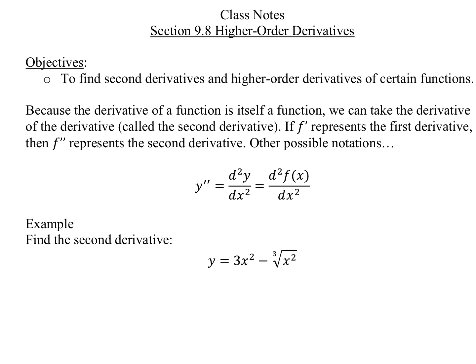Starting out with this, before we can even find the first derivative, we need to rewrite the y function in a format that is going to allow us to use some of the rules we have developed so far. 3x squared is fine, but I have difficulty thinking about the cube root of x squared and how the rules apply to it. So I'm going to rewrite this as x raised to the 2/3.